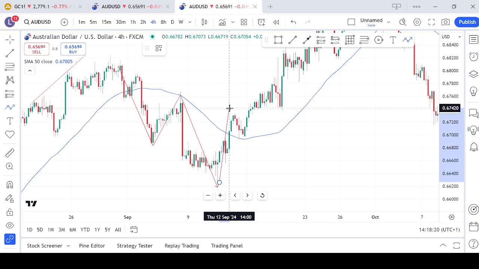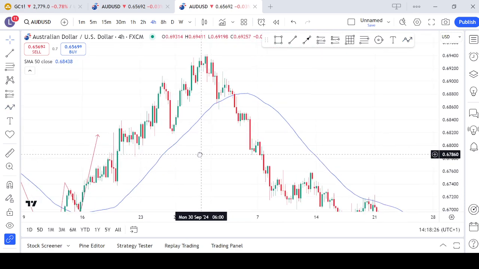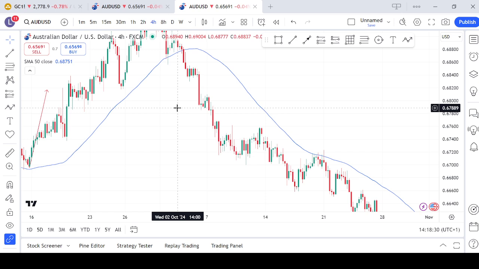See this upside movement here. Price retested the moving average and continued to the upside. So that's how you can use the moving average to trend. It tells us the direction of the trend, whether we are in an uptrend or a downtrend. It helps identify trend in an options market.